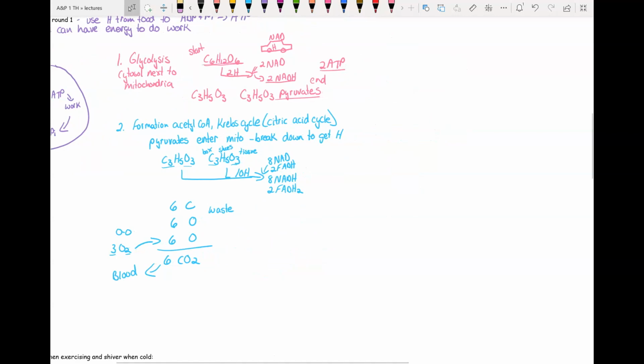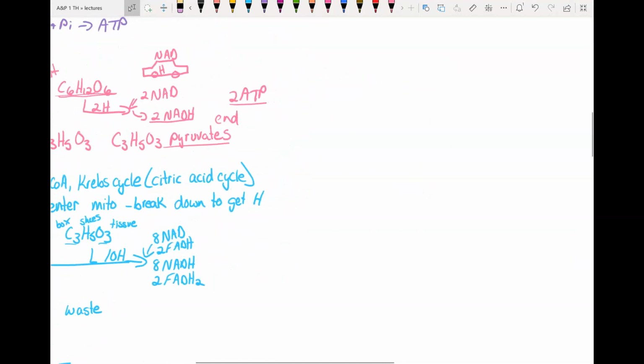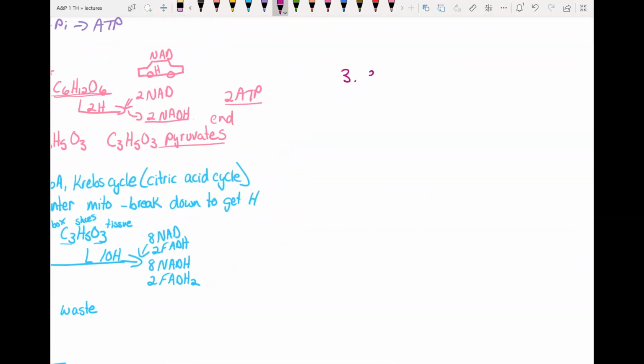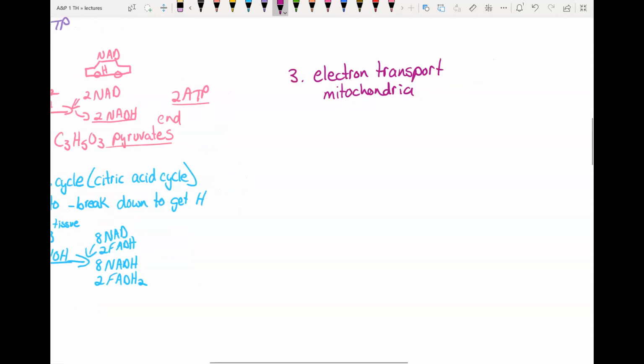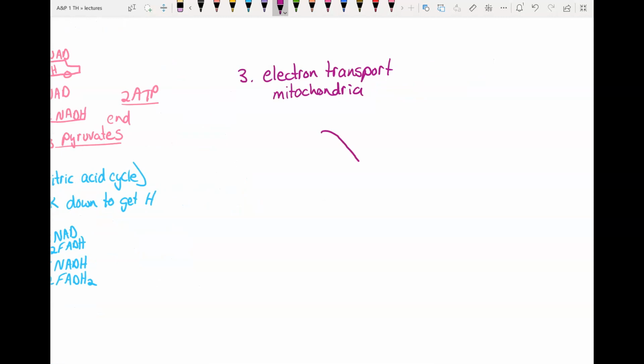Our next step is electron transport. This also takes place inside the mitochondria. It's called the electron transport chain. It's kind of like a slide. I think of it as like you go to the park and there's a sliding board.